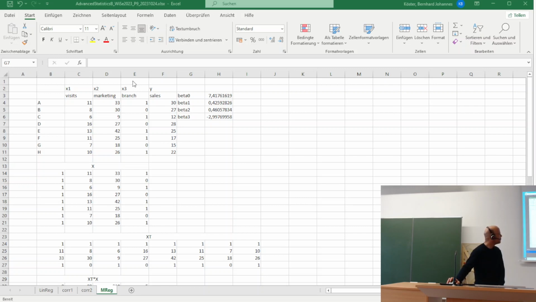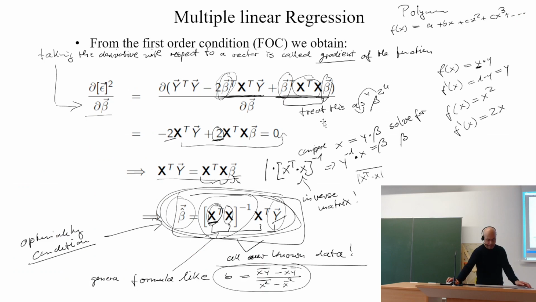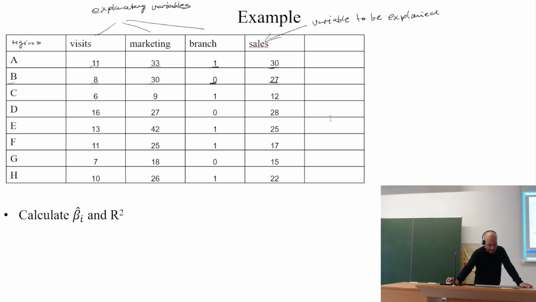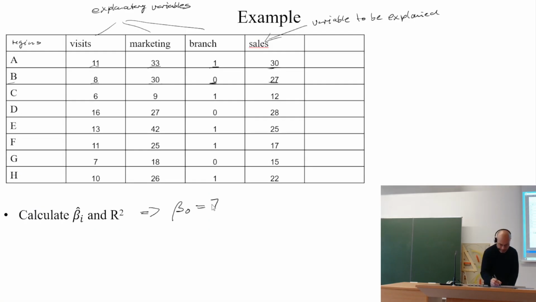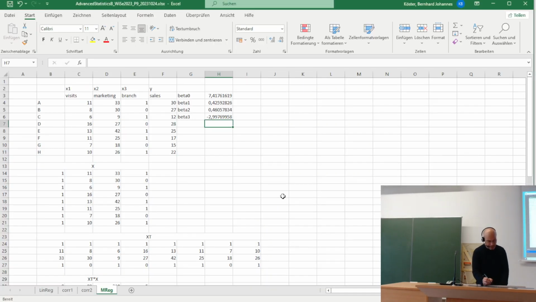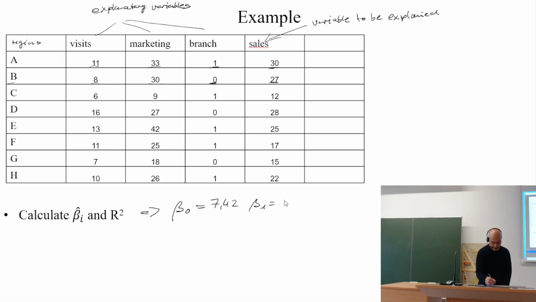So in this case, we obtain beta 0 is 7.42. Beta 1 equals 0.43.